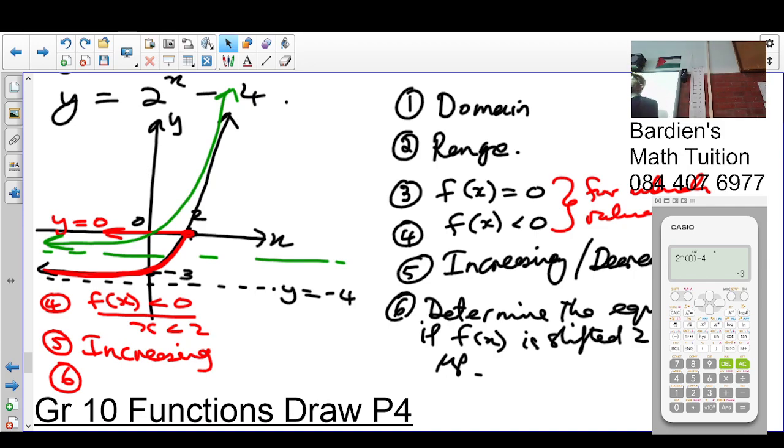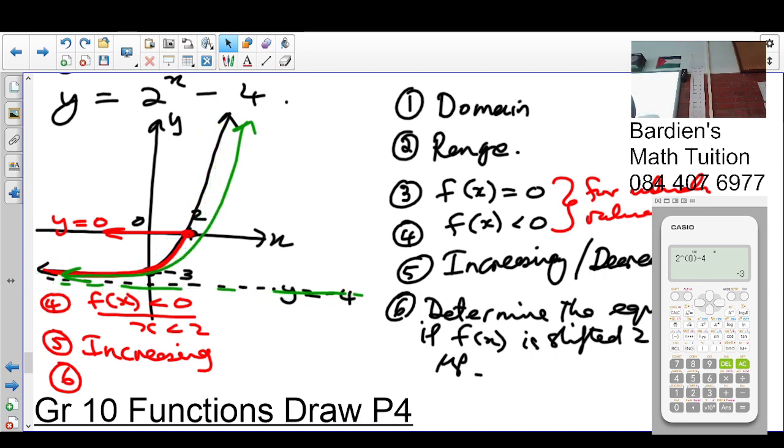What do you notice about the asymptote? It also moves 2 units up. What if I say this graph is moving 2 units down? I tried to draw this graph fast because I needed to get the asymptote in. What do you notice then? The asymptote also shifts 2 units down.